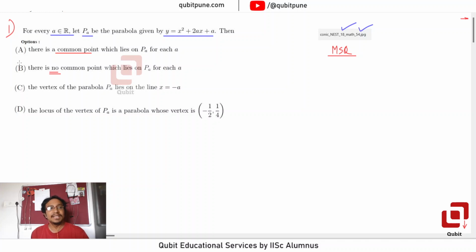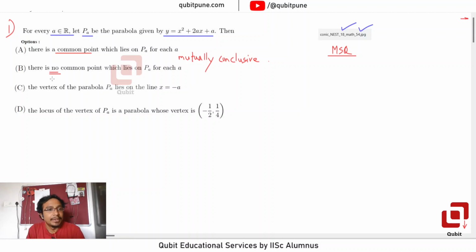So options A and B are mutually exclusive if you see. Correct? Both of them cannot be right, and also at least one of them must be right. Option A says there is a common point for all a. Option B says there is no common point for all a.